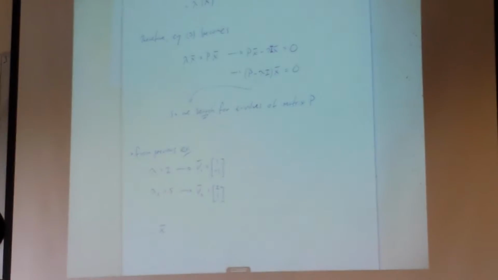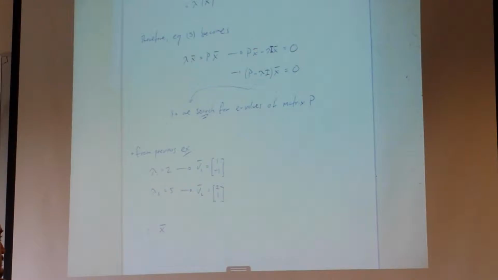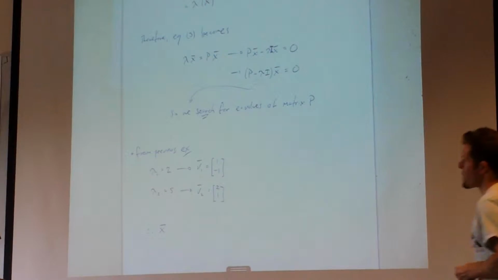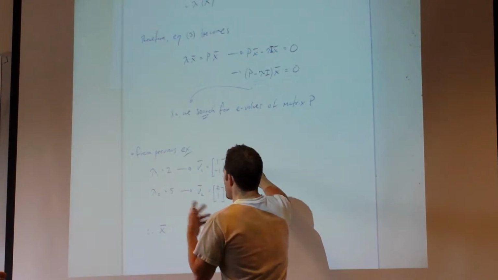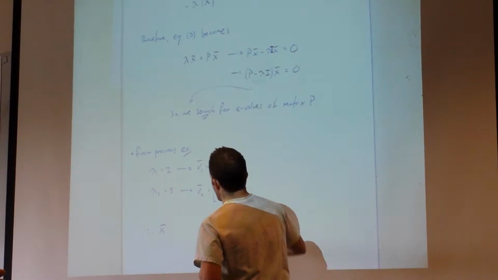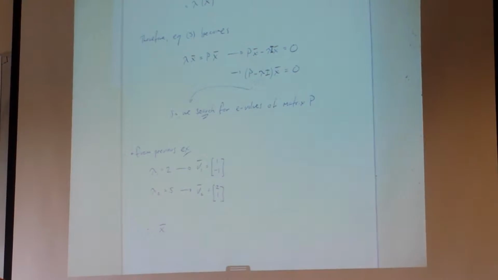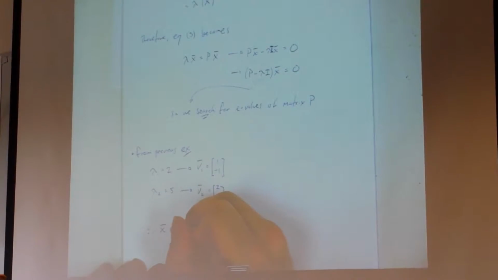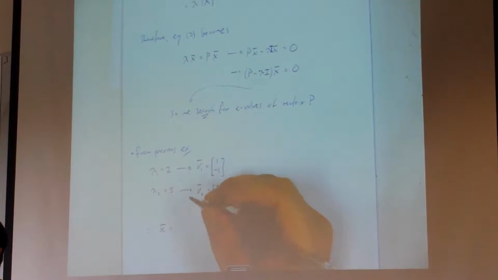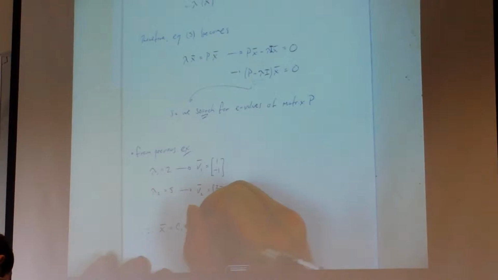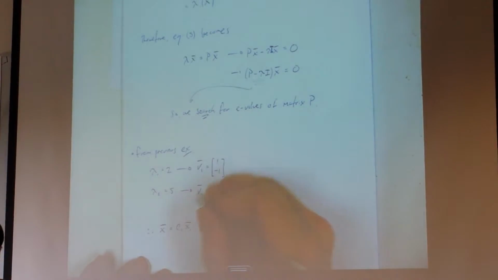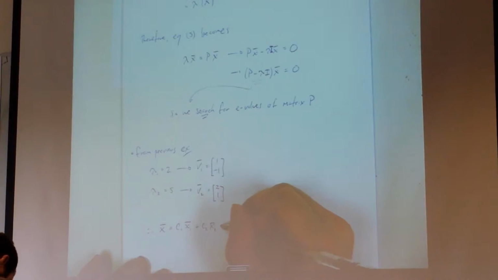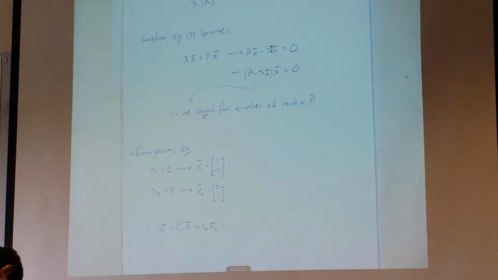knowing the superposition principle that I pointed out to you in section 5.1, I do know some solutions now, and that's what they talk about in the book, why this always works, that C1 x1 bar plus C2 x2 bar is a solution.